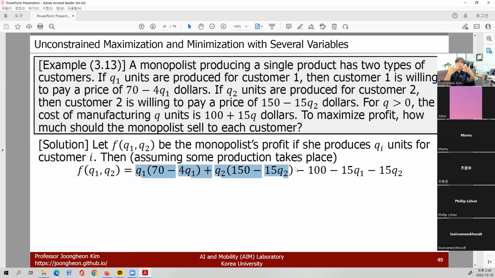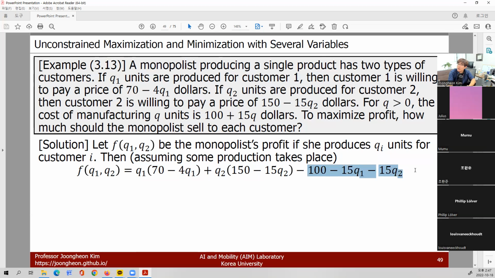That's why this is the entire income. And then you have to take out the manufacturing cost. Then eventually, you can calculate the net income, right? That's why you have to subtract 10 plus 15Q, and Q is Q1 plus Q2. That's why you have minus 15Q1 minus 15Q2.